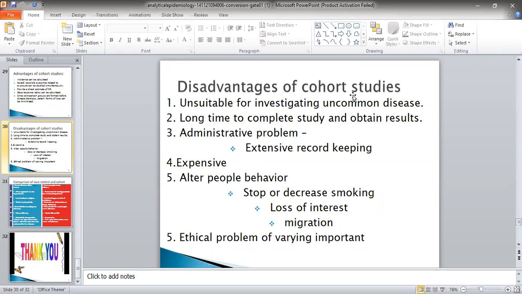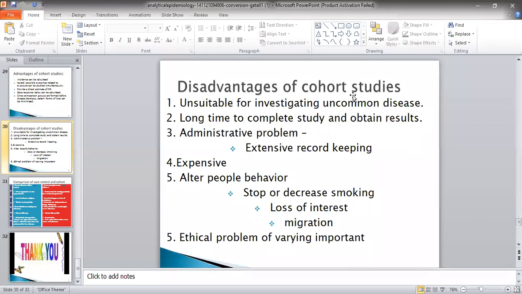It can alter the people's behavior, like the study subject that enters the study, maybe a heavy smoker or a chain smoker, may stop or decrease smoking by time. So there can be altered people behavior because of the long duration of the study.